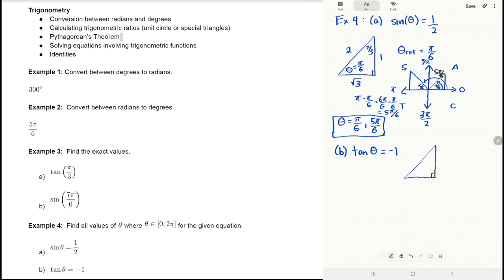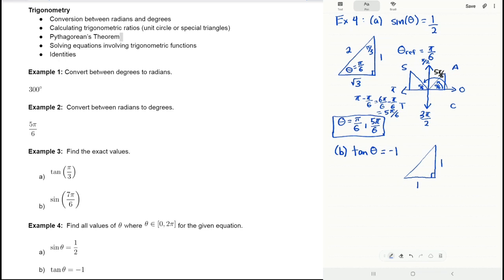So the tangent of theta is going to be equal to 1. We know that the tangent is the ratio of the opposite side and the adjacent side. So if the tangent of the angle is equal to 1, this tells us that the opposite and the adjacent side are equal. So we'll label both of these 1.